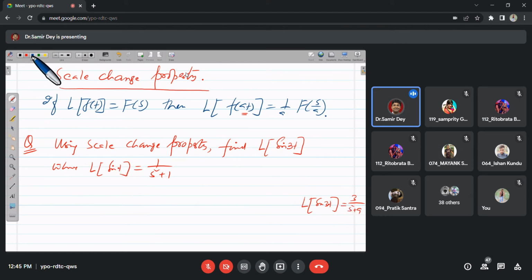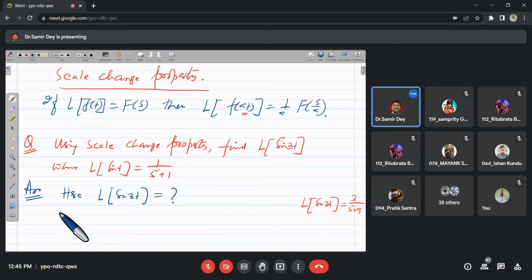Now let's see the answer. Please try to understand. Very simple. So please write down here, first write down the question. L of sine 3t is equals to question mark. You want to find this.